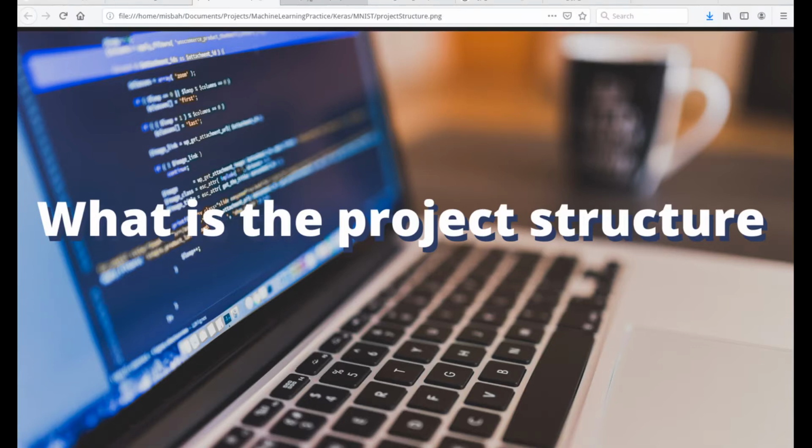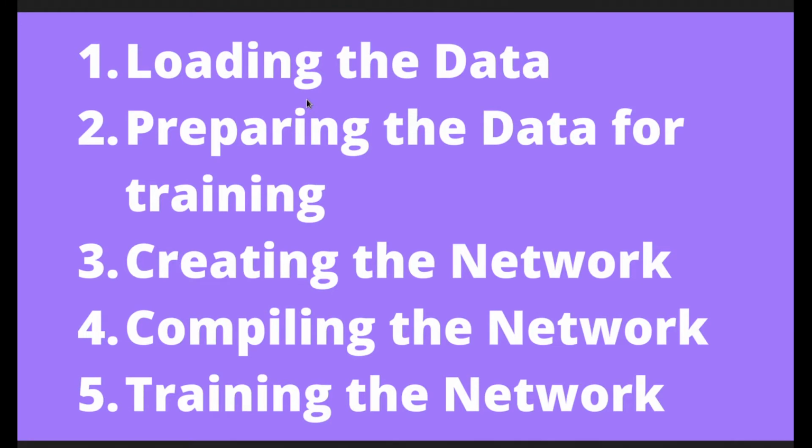So what is the structure in this case? The first step is the loading of the data, so understanding the data. In our case, it is nothing but the MNIST data set which we are trying to train. The handwritten text that we have, that is the data.